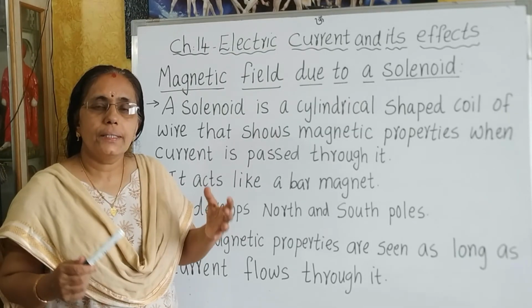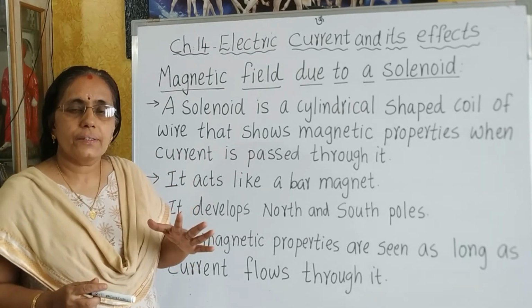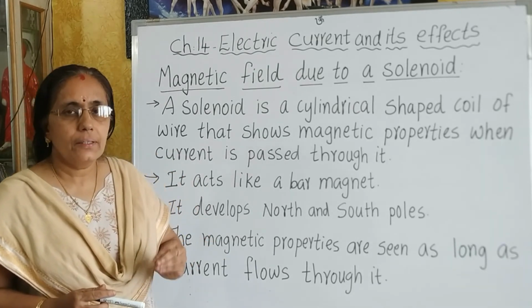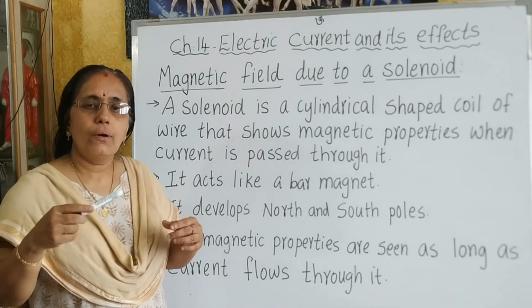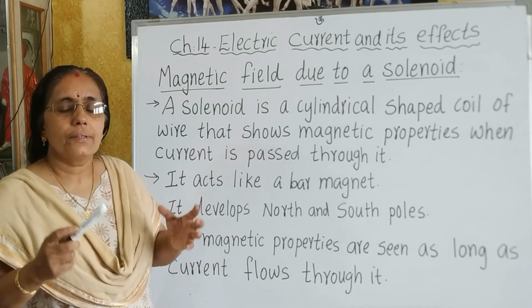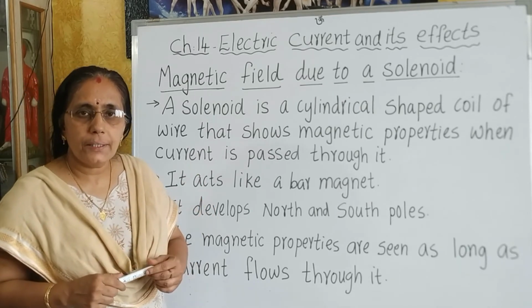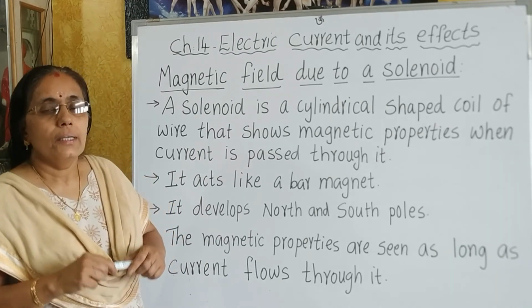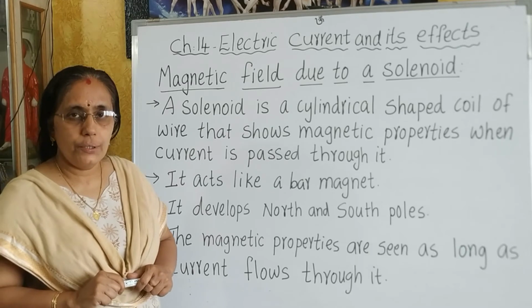So students, in the previous activity we have seen that a current carrying conductor produces a magnetic effect. Now if we take a coil of copper wire and allow the electric current to pass through it, will it show the magnetic effect? Yes. If we make such an arrangement, it is known as a solenoid.